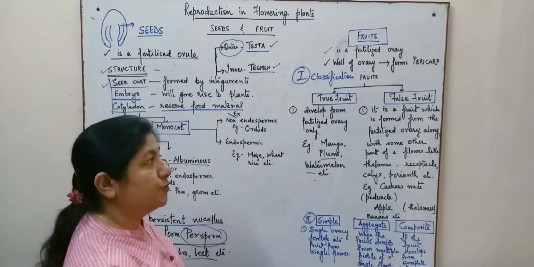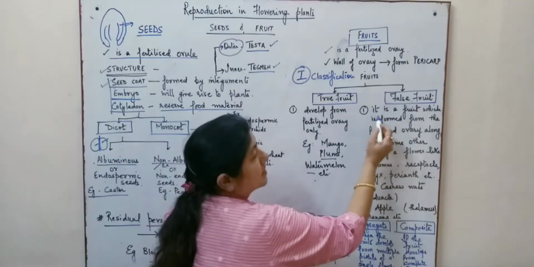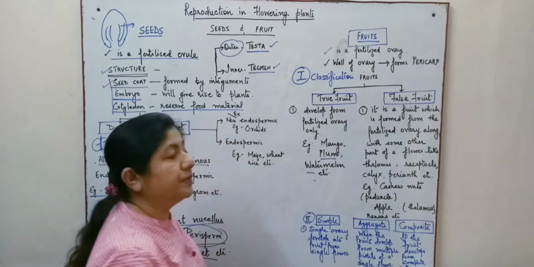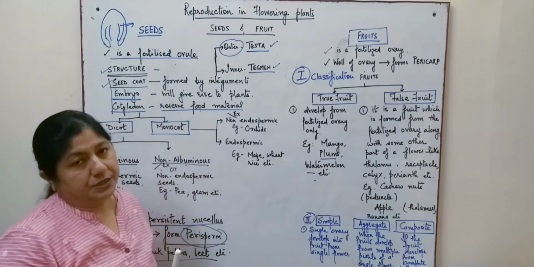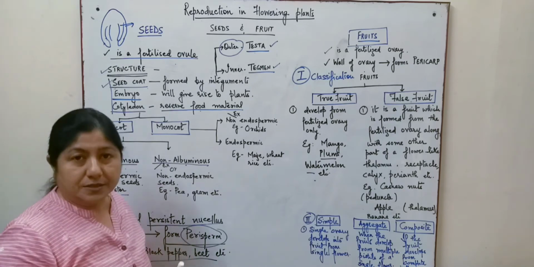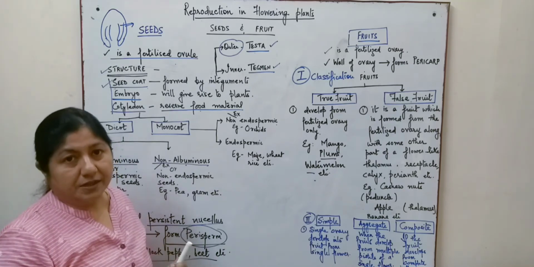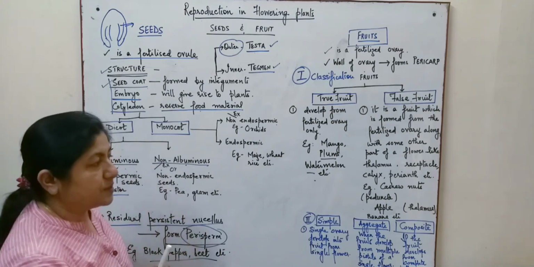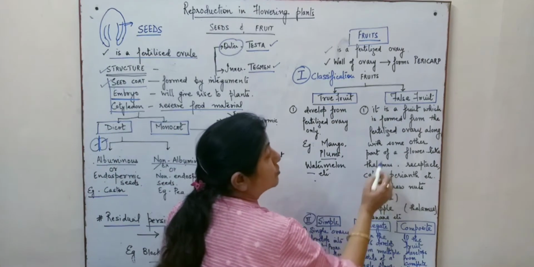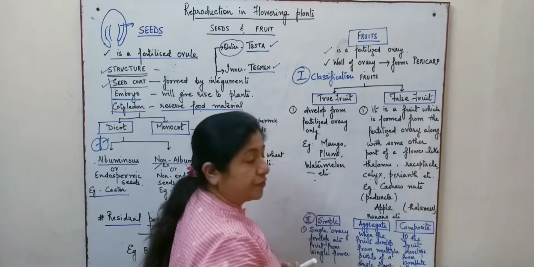Now the false fruit, on the other hand, is a fruit which is formed from the fertilized ovary along with some other floral part. It can be thalamus, receptacle, perianth, or calyx. So various parts of the plant may also take part in the formation of the fruit.